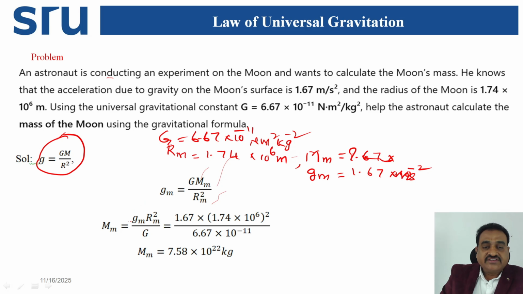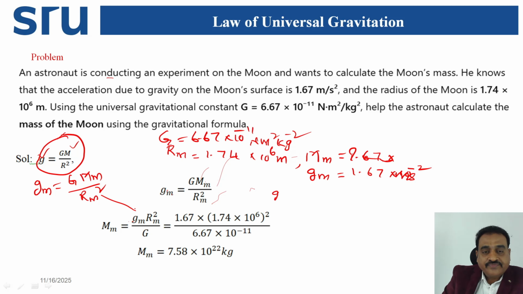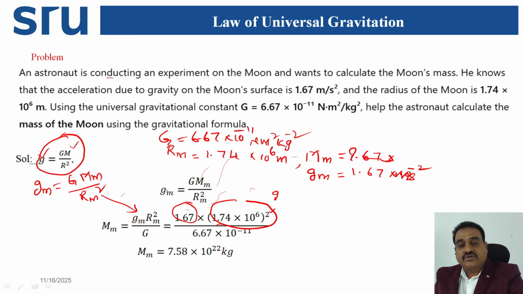Substituting all the values here: from the relation g_m equal to G M_m by R_m square, which we know very well as the relation between small g and capital G. So substituting all the values, acceleration due to gravity on the moon 1.67 meter per second square, radius 1.74 × 10^6 squared, and G value 6.67 × 10^-11 Newton meter square per kg square.